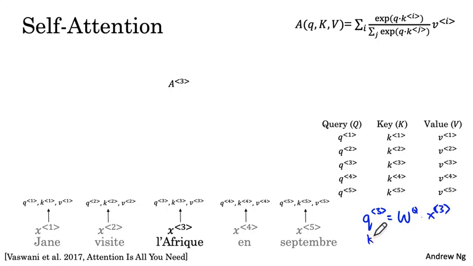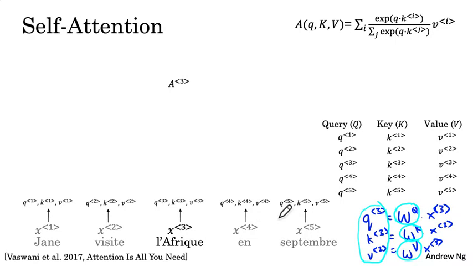So K3 is WK times X3, and V3 is WV times X3. So these matrices, WQ, WK, and WV are parameters of this learning algorithm, and they allow you to pull up these query, key, and value vectors for each word.